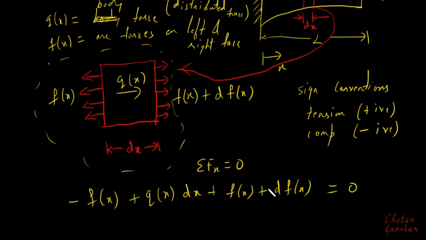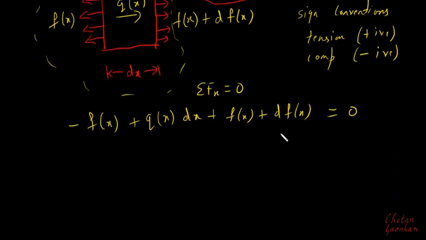Now from this equation what we get is df by dx equal to minus q. How do we get that? Minus f of x and plus f of x will cancel.